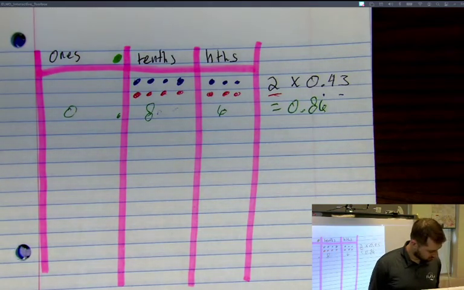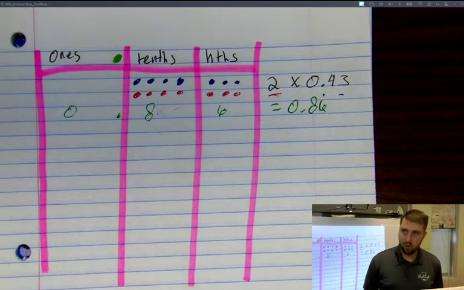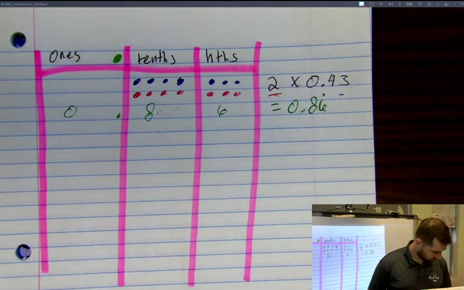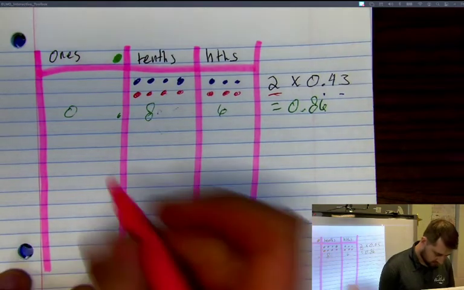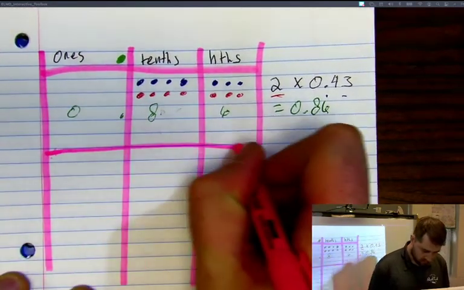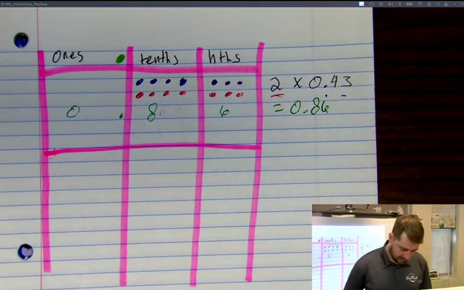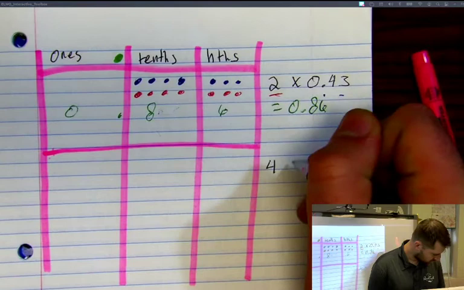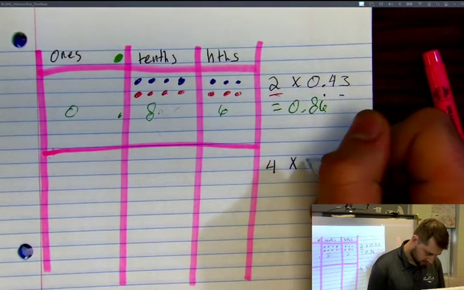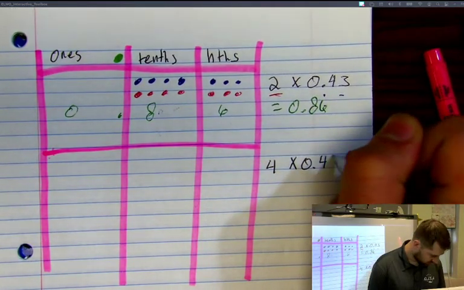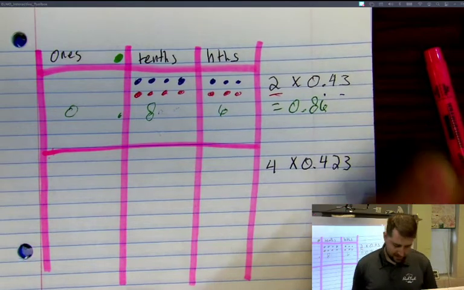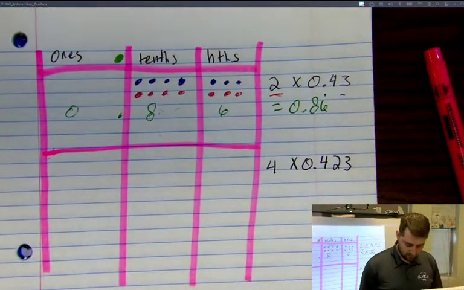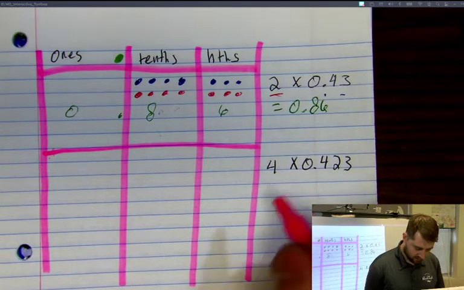So, we're going to do one more of these and then move on to an area model. So the next one we're going to take on today is going to require some regrouping. Four times 423 thousandths. Oh no, looks like we've got to add another column down here.